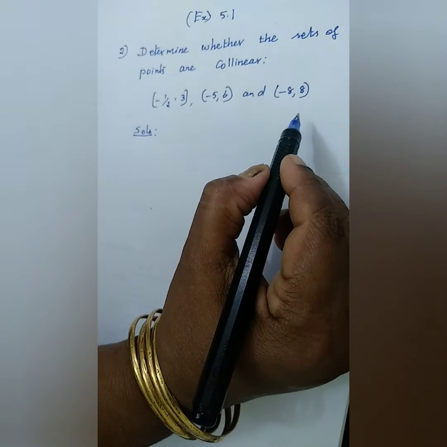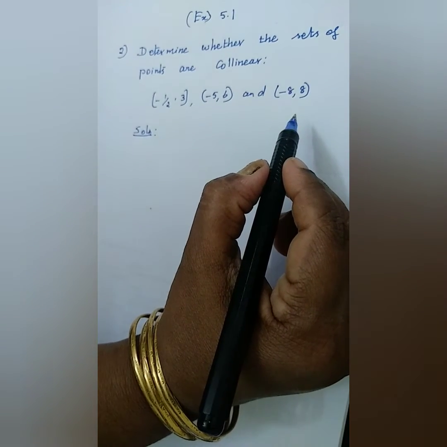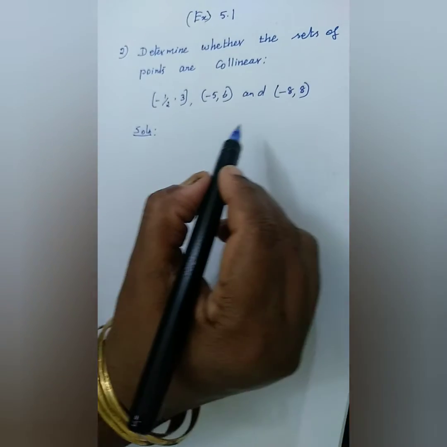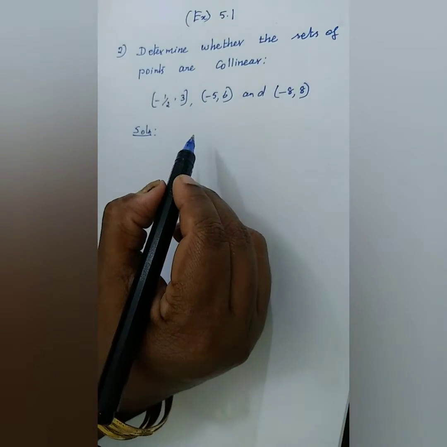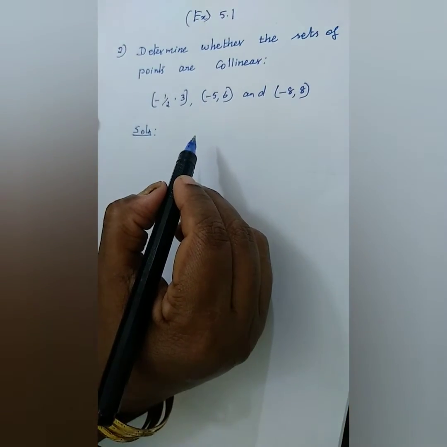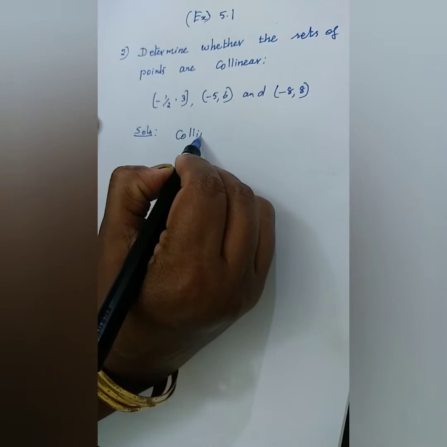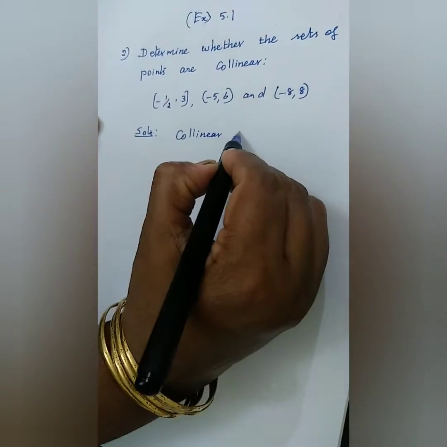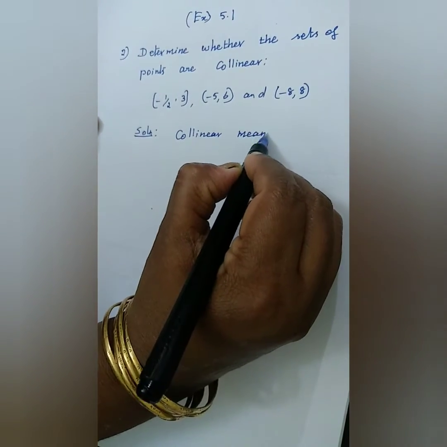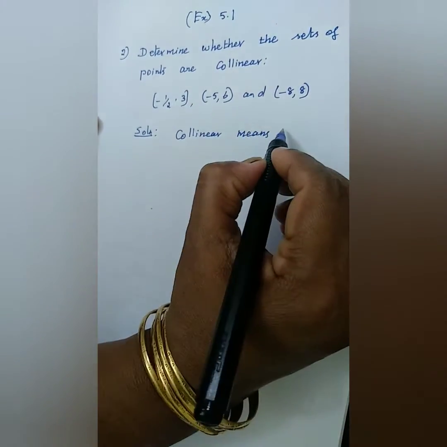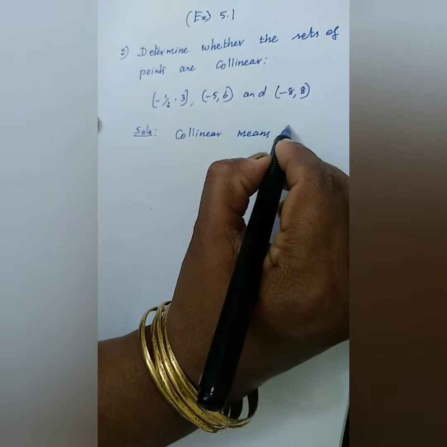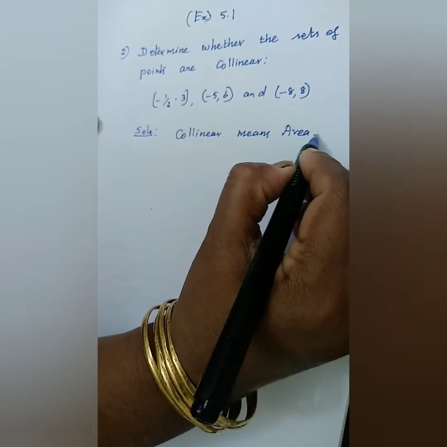First of all we should know the condition for collinearity. Collinear means area equal to 0.